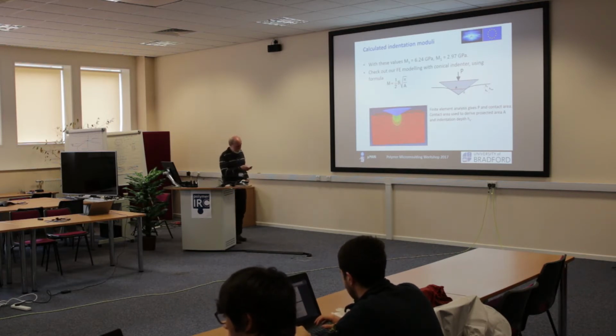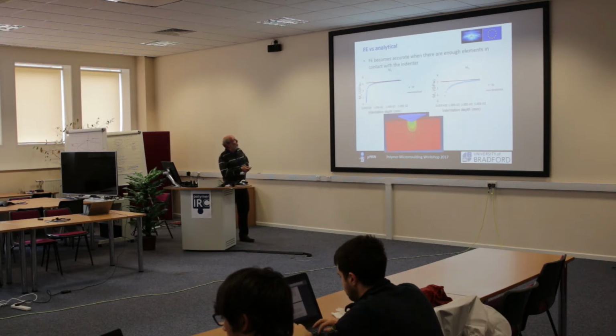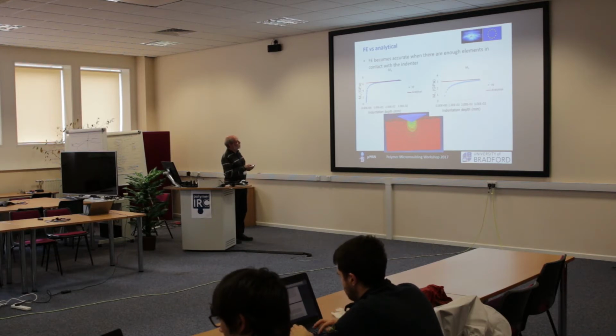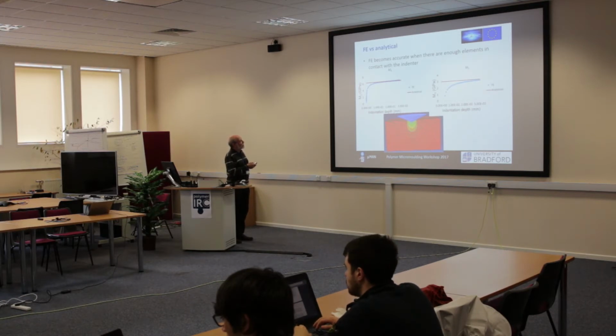We get M for whichever direction we're pushing, so we get either M1 or M3. If we do that and compare it with the results for this oriented polyethylene, so for M3, this is the analytical solution from that equation, and this is the M3 calculated at each increment as we push this indenter in.